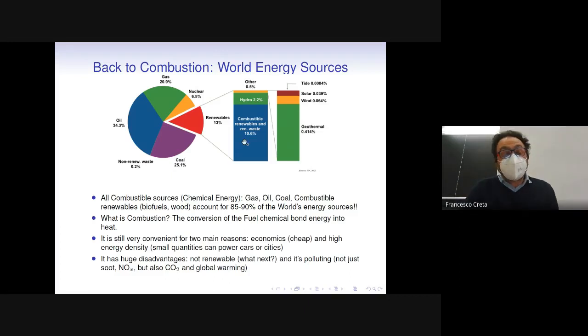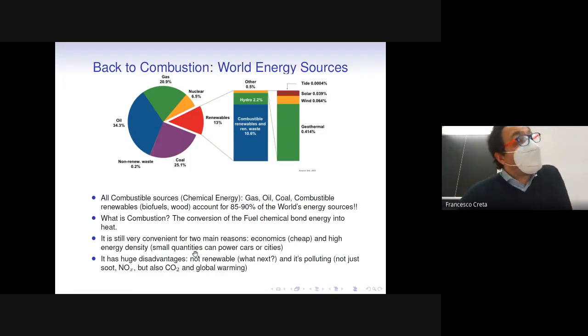So only this tiny amount is solar, wind, geothermal. A bigger chunk is hydro, but the rest is just stuff that we burn. So we're talking about almost 90% of the world energy sources going through the process of combustion. It's very economic, that's why. It's very cheap to burn things.